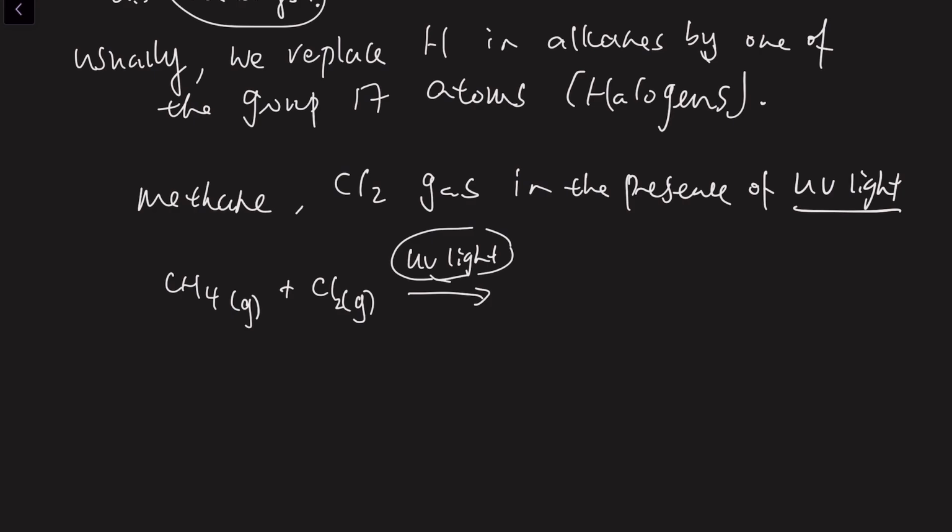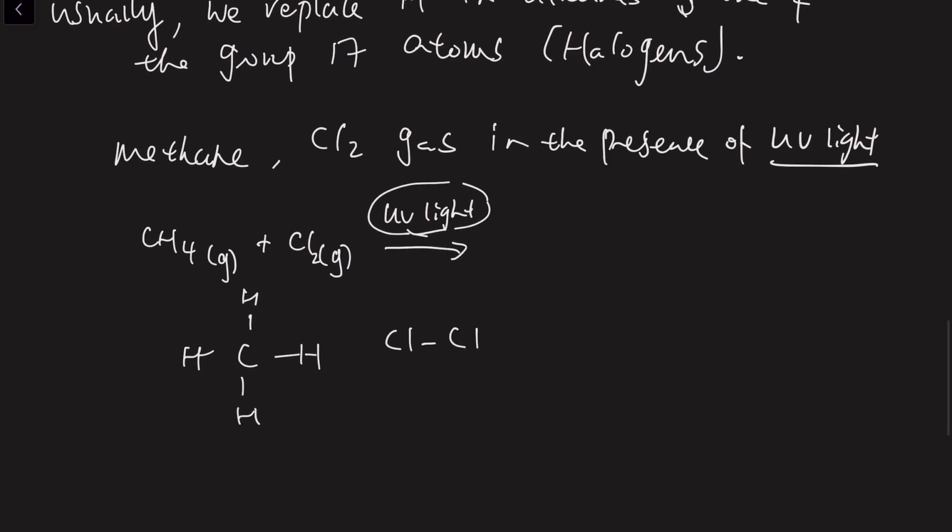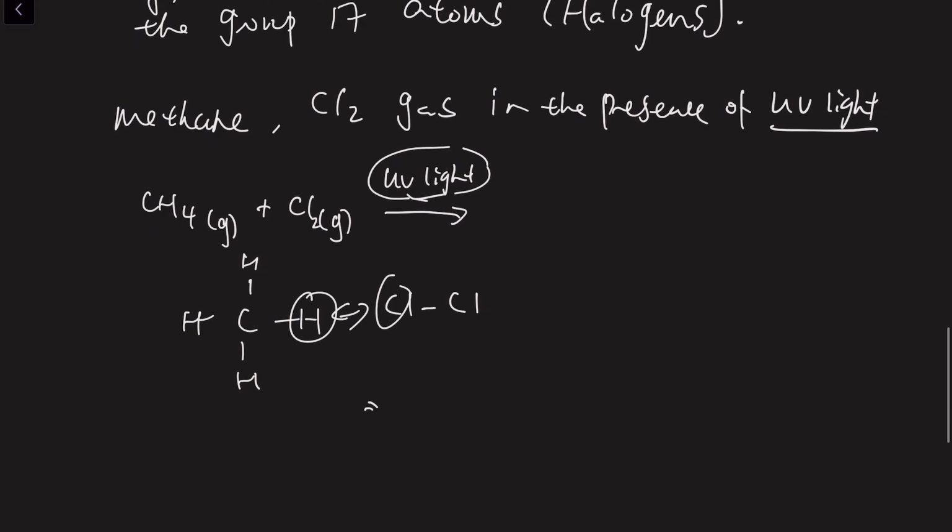And essentially what happens is one of the chlorine atoms replaces the hydrogen atom. You can't just swap them over. So now you have CH3Cl plus HCl. So this is what is going on.